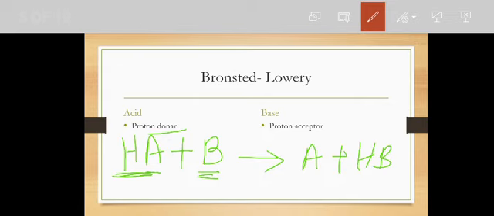So according to Lowry-Bronsted theory, the proton donor is acid. So here HA acts as acid and B means base, which accepts the proton. Why? Because B accepts the proton.